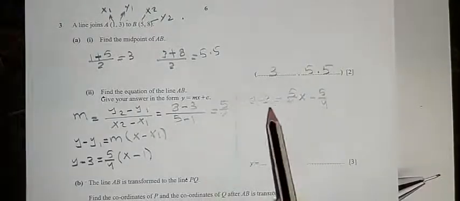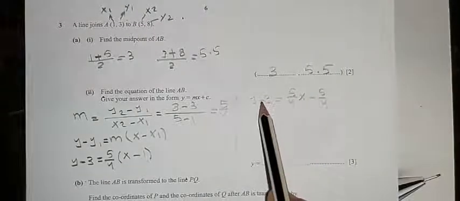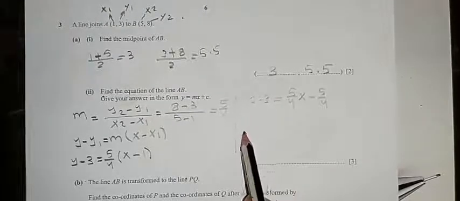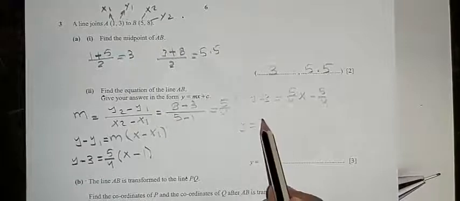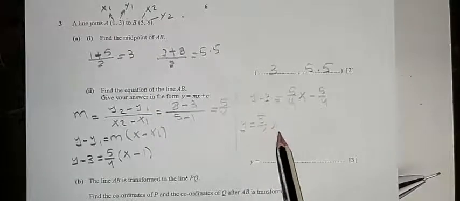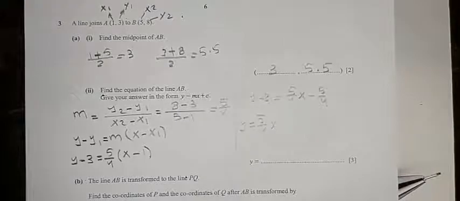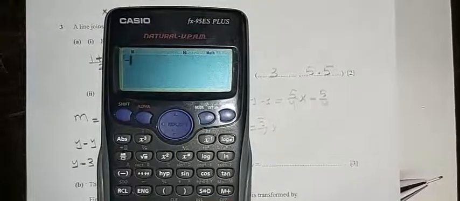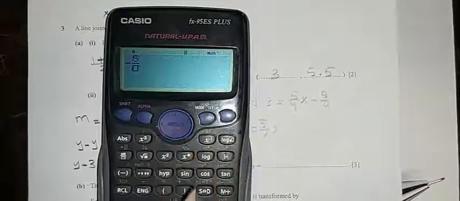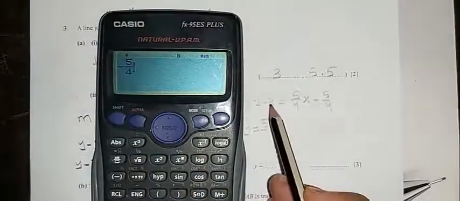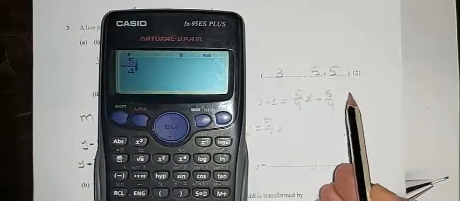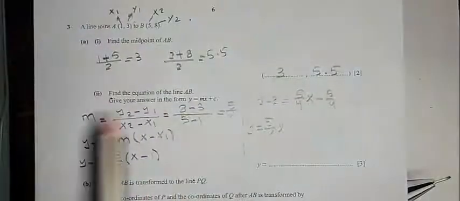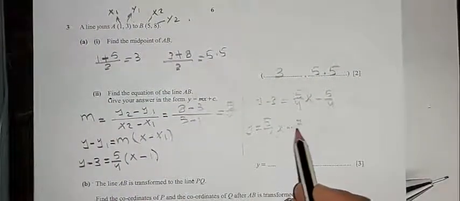Now we need to move this minus 3 to the other side as a positive value. Here it will be y equals 5 over 4x, and calculate this minus 5 over 4, then this minus 3 will come here, plus 3, equals 7 over 4.